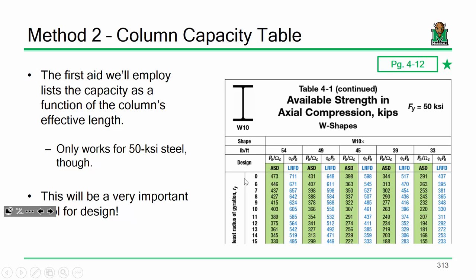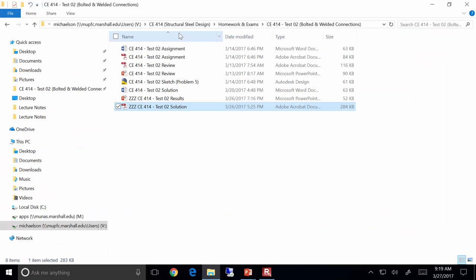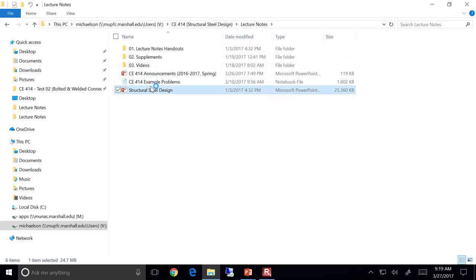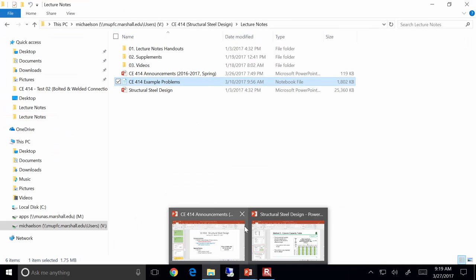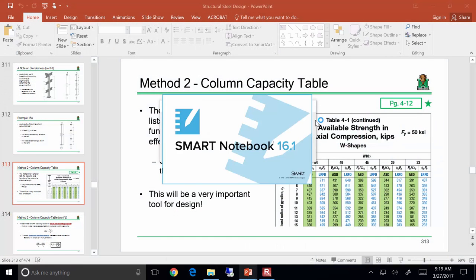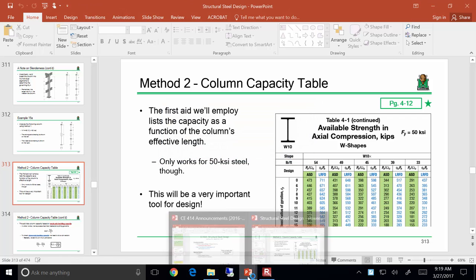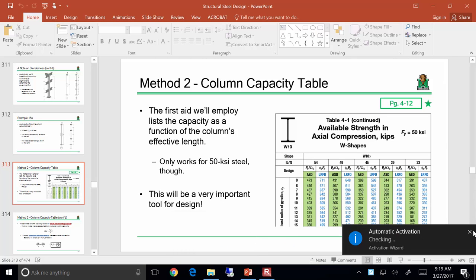So let me pull up the notebook just to get everybody's memories jogged and whatnot. Notes. Oh, that's already up. Close that. I think I opened the notes twice. Come on. Automatic activation.